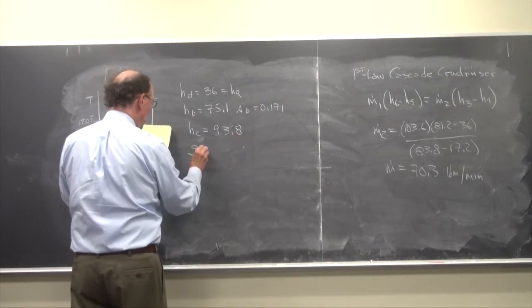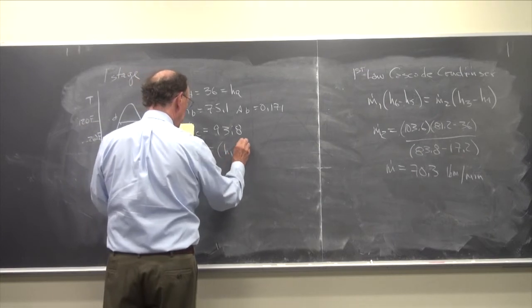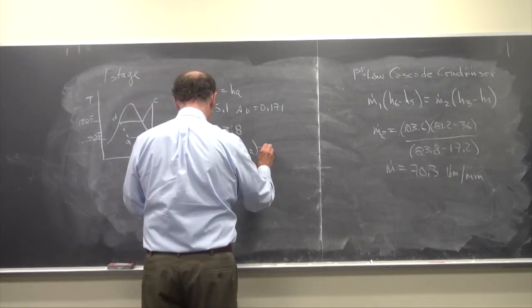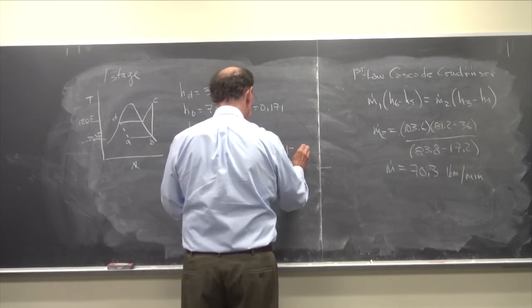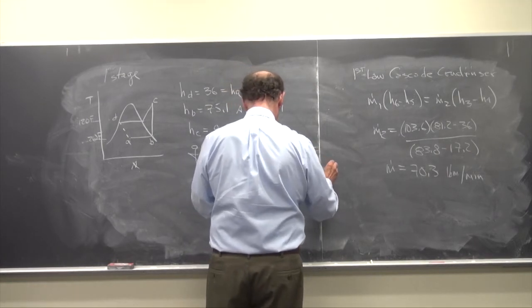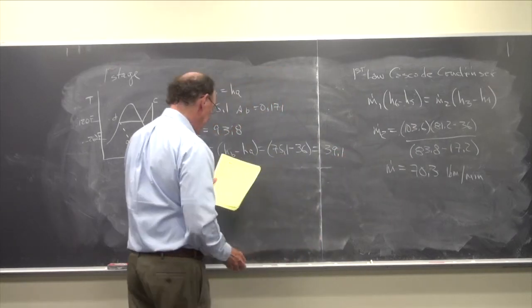QN is equal to HB minus HA, which is 75.1 minus 36, equal to 39.1 BTUs per pound mass.